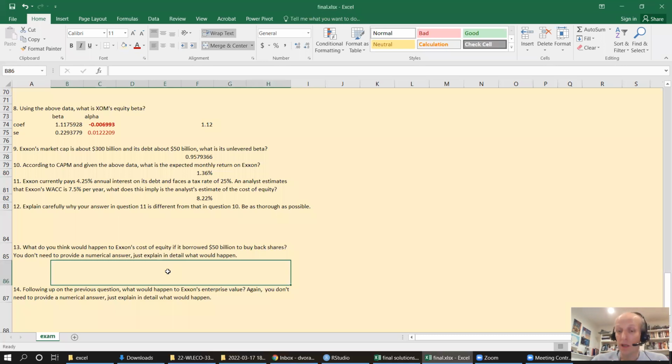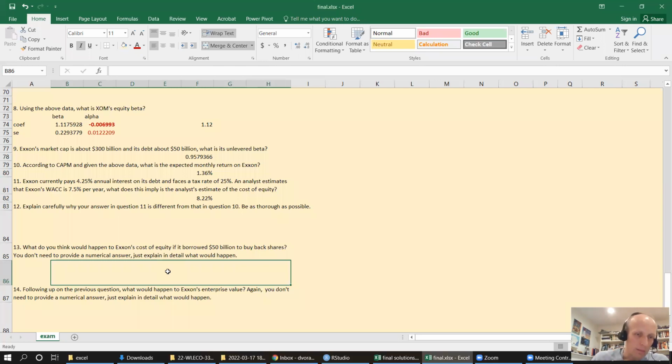So when equity becomes riskier, the cost of equity has to go up. This is essentially Modigliani-Miller proposition 2, that with leverage, the cost of equity or the required equity return goes up. Essentially, when you increase leverage, the beta is going to be higher, and hence the expected equity return will also be higher.